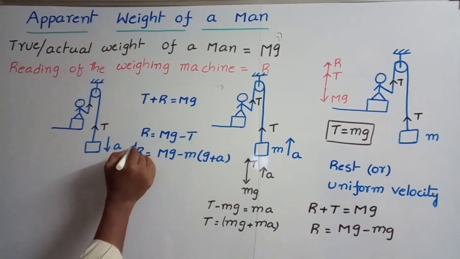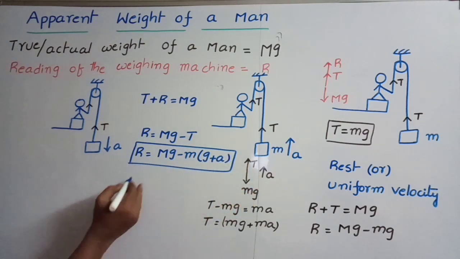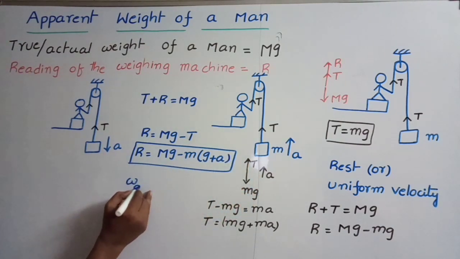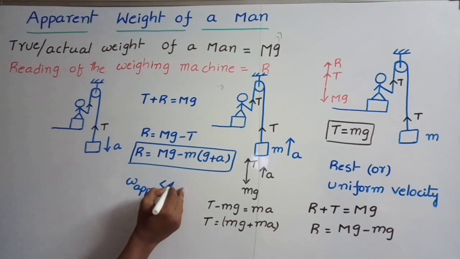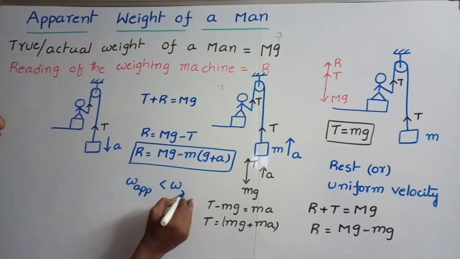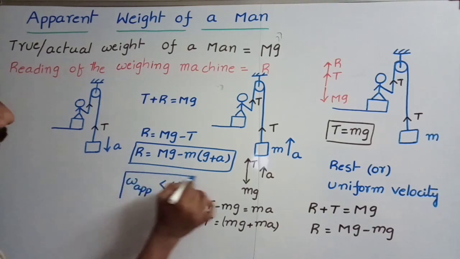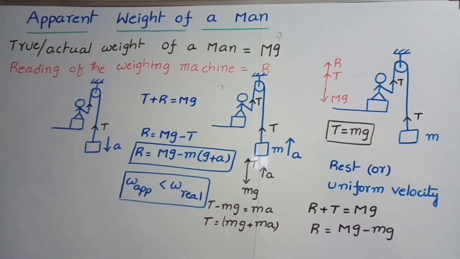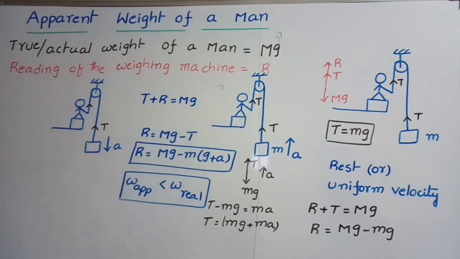So this is the reading. Here also, apparent weight is less than true weight, W apparent less than W real. That means the normal reaction exerted by the man on the ground is also less.